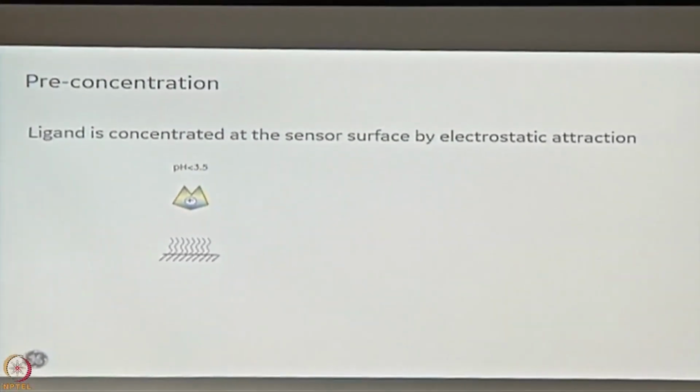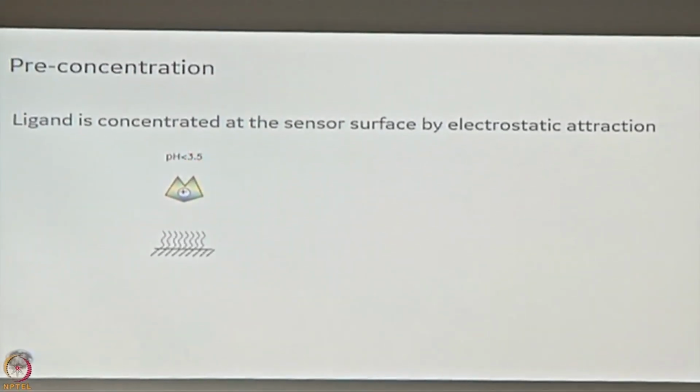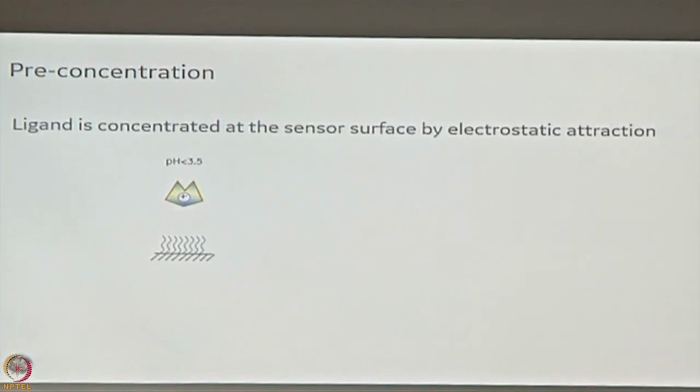So if I put my protein at pH 3.5, most likely, if the protein's pI is higher than that, it will be positively charged, but the surface actually loses its charge. It has absolutely no charge. So in that case, there is no attraction between the protein and the surface.